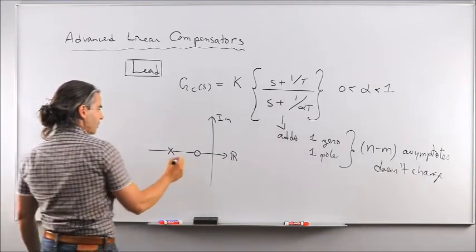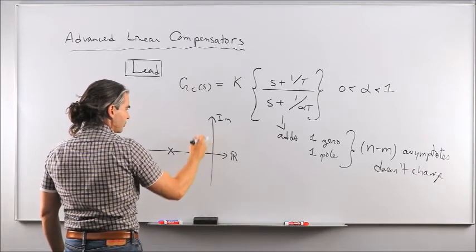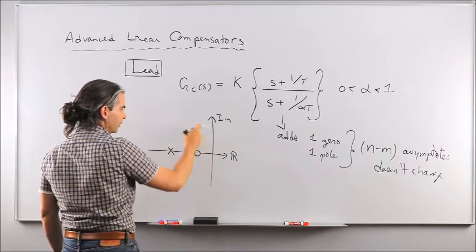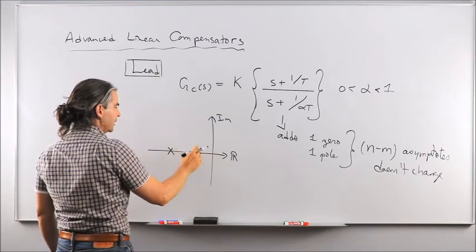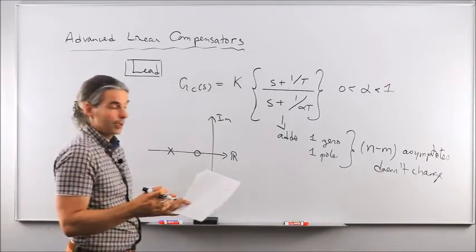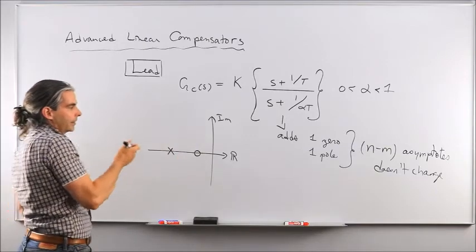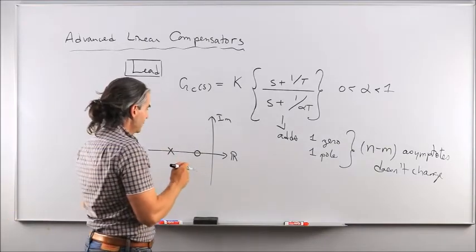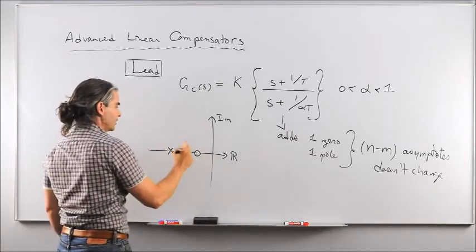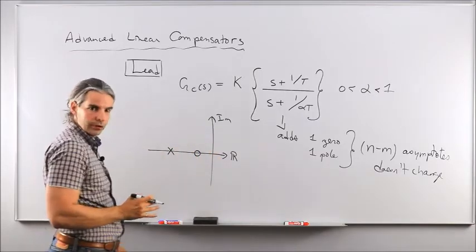So because the 0 is going to be closer to what's happening in terms of the original pole locations that are somewhere here probably, it will mean that the 0 will have a greater impact overall than the pole. And that's a great thing because we know that the 0 tends to pull the root locus to the left and make things more stable, okay? And this is why we need to have the 0 to the right of the pole, because the 0 organized in this fashion will always have a greater impact on the overall root locus.